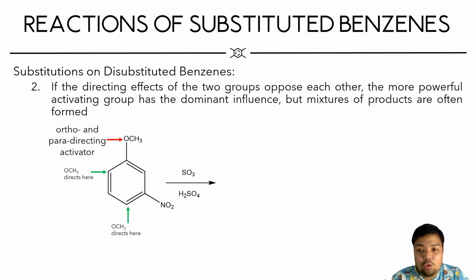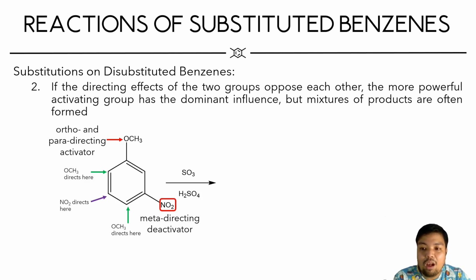Now the nitro group, which is a meta-directing deactivator, will direct the substitution, as I've shown you here, to this carbon, and the other meta position is already occupied by the methoxy group.